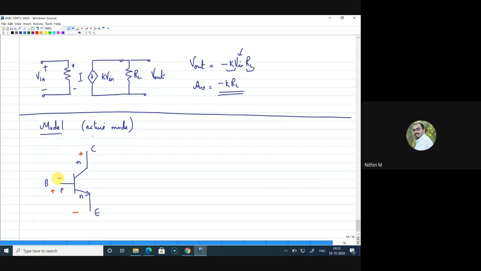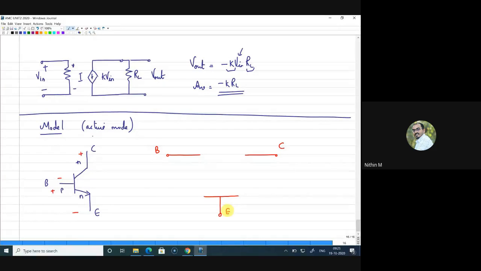Now with the understanding we developed so far, can you tell me how I can draw a model for the BJT, considering this as the base, this as the collector, and this as the emitter terminal? How can I represent the BJT using some model?